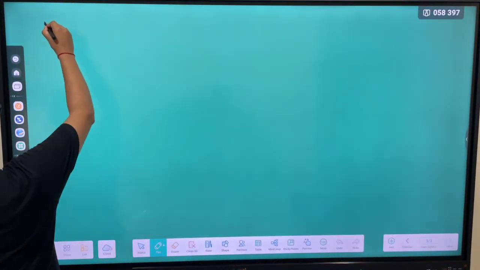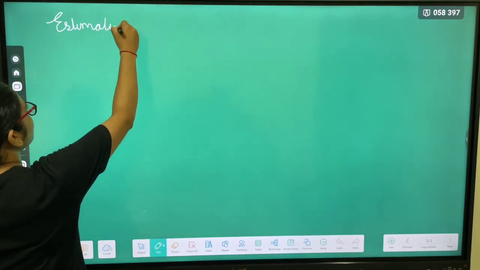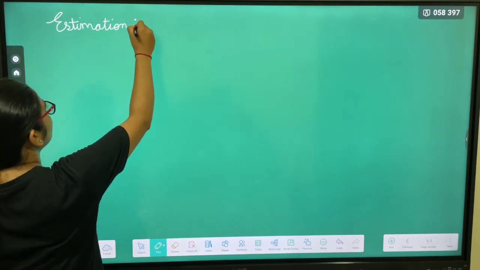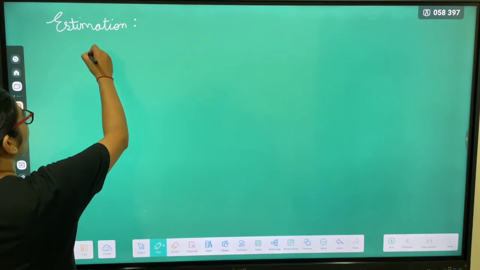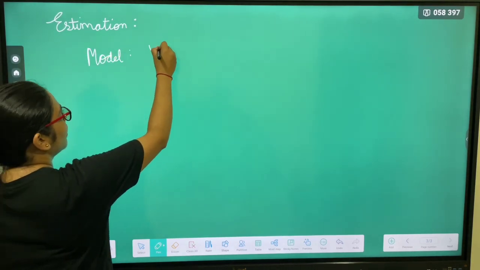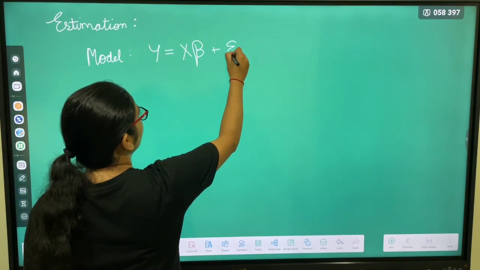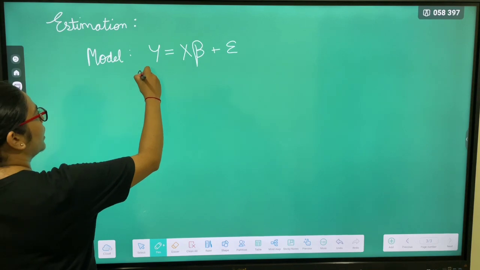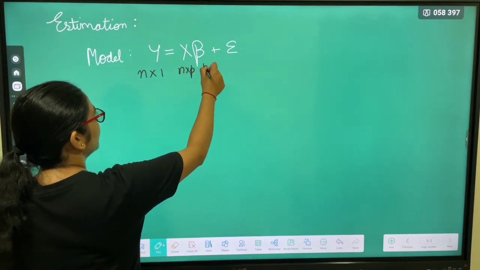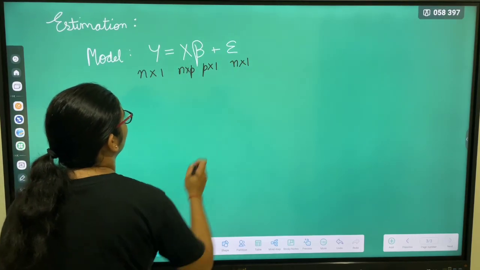We will be doing estimation of the model. The model is given as Y is equal to X beta plus epsilon, where Y is n cross 1, X is n cross p, beta is p cross 1, and epsilon is n cross 1 respectively.